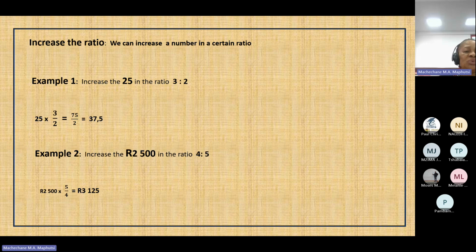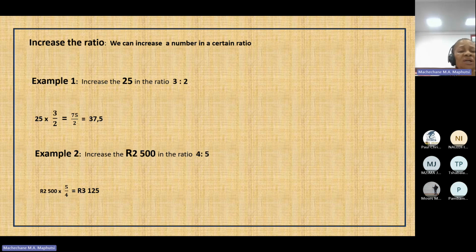I'm sure you're aware that we use the same ratio, 3:2, but make sure that now the bigger number is your numerator and the smaller number is your denominator. So after simplifying that, your answer will be 75/2, which equals 37.5.